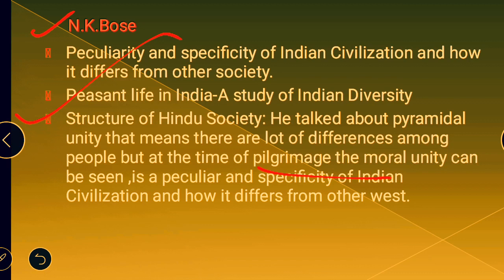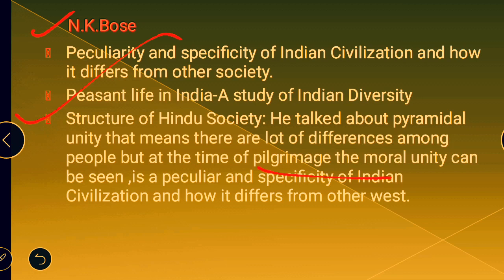Though we have lots of differences among the people, it may be a caste difference, gender difference, or religion difference and so on, during those times they would sit together, sleep together, enjoy together. What is this? This is nothing but moral unity, right?